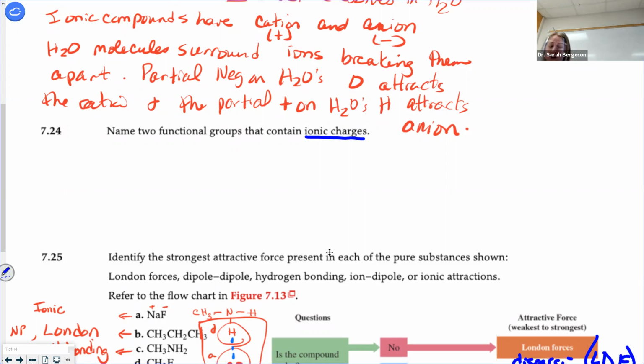What are the two? I'll tell you, they're ones that hydrogens can come off and on. And that's what gives it the charge. Go look at your chart. Not a good sign.